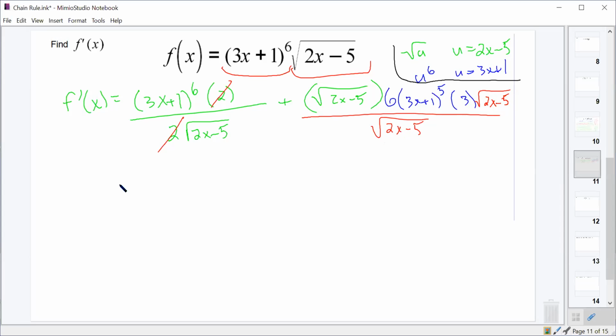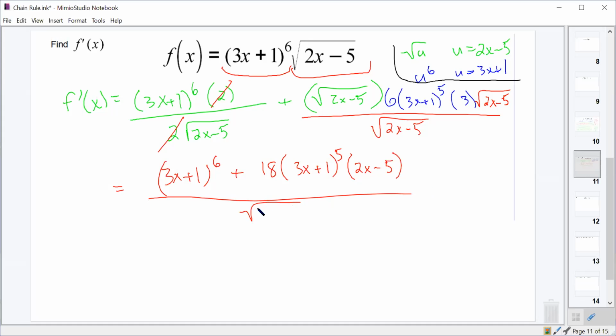Great. So now we can combine these together into one fraction. 3x plus 1 to the 6th plus, we're going to have an 18. We're going to have a 3x plus 1 to the 5th. And we're going to have root 2x minus 5 times root 2x minus 5, which is just 2x minus 5. All over root 2x minus 5.